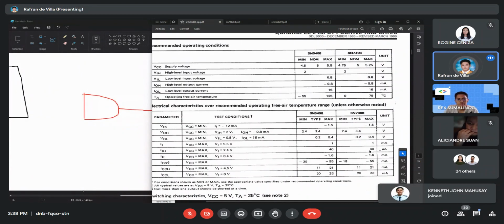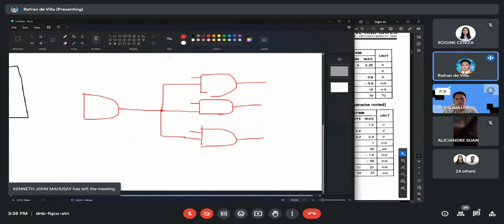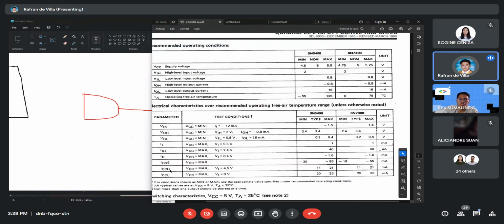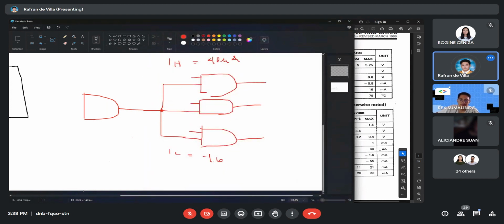Okay. So, if we look here, okay, naay input high, naay input low. Sa input high, that's 40 microampere. Sa input low, naay negative 1.6 milliamps.